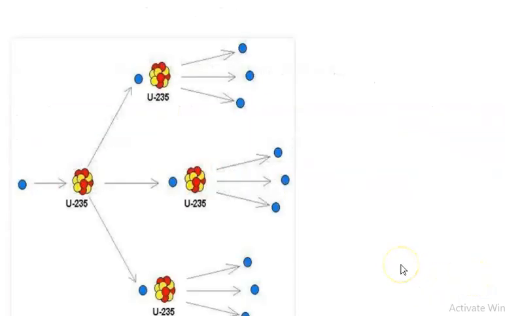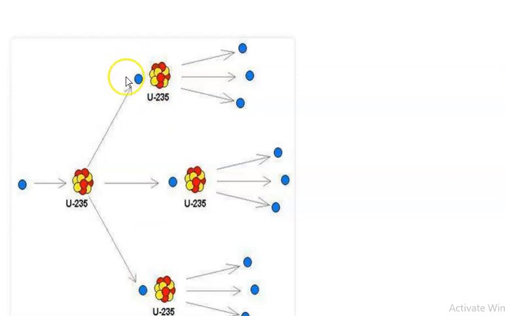Here we can see a brief diagram of the chain reaction, how it works. Here one neutron is bombarded on uranium 235, thereby releasing 3. In the previous slide I told you that in the chain reaction there is one neutron in the reactant part and 3 in the product part. Here we can see 1, 2, 3.